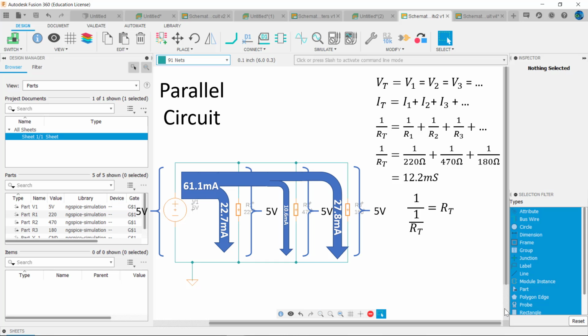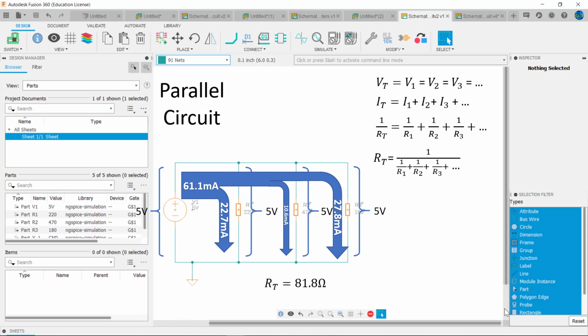Taking the reciprocal of the total conductance, that is 1 over RT, will give us the total resistance of the parallel resistors, or 1 over 12.2 millisiemens equals RT, or RT equals 81.8 ohms. Since the reciprocal of the sum of the reciprocals of resistors in parallel equals the total resistance, the formula for RT is sometimes written as 1 over the quantity 1 over R1 plus 1 over R2 plus 1 over R3, and so on.